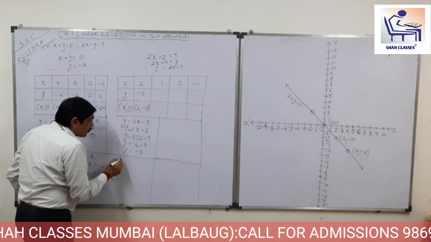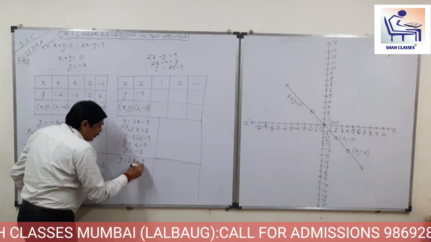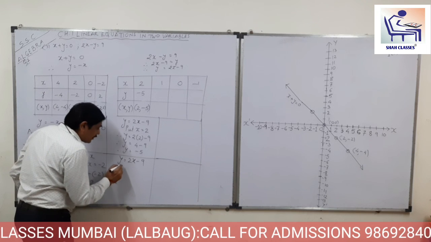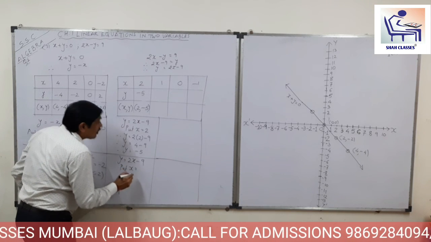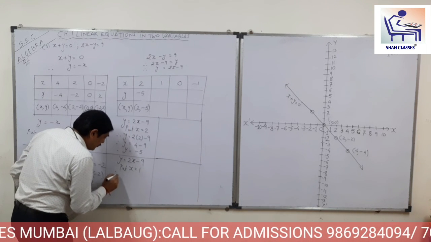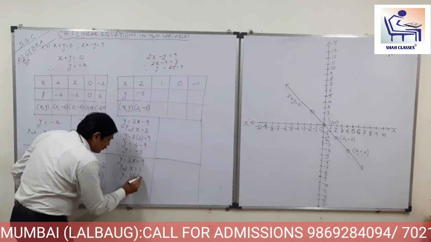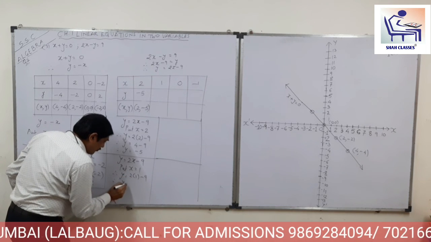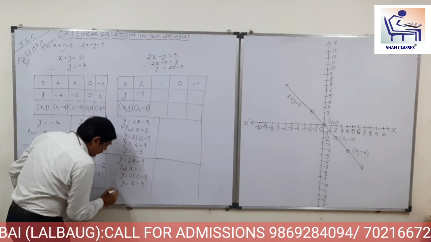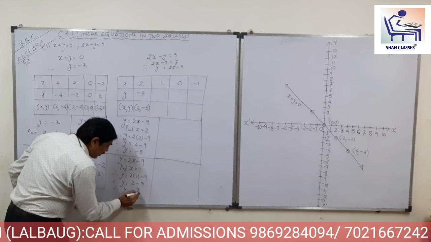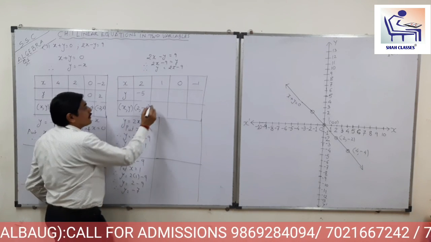Now for the second value, y is equal to 2x minus 9. Put x is equal to 1. Now 2 ones are 2 minus 9. y is equal to minus 7.